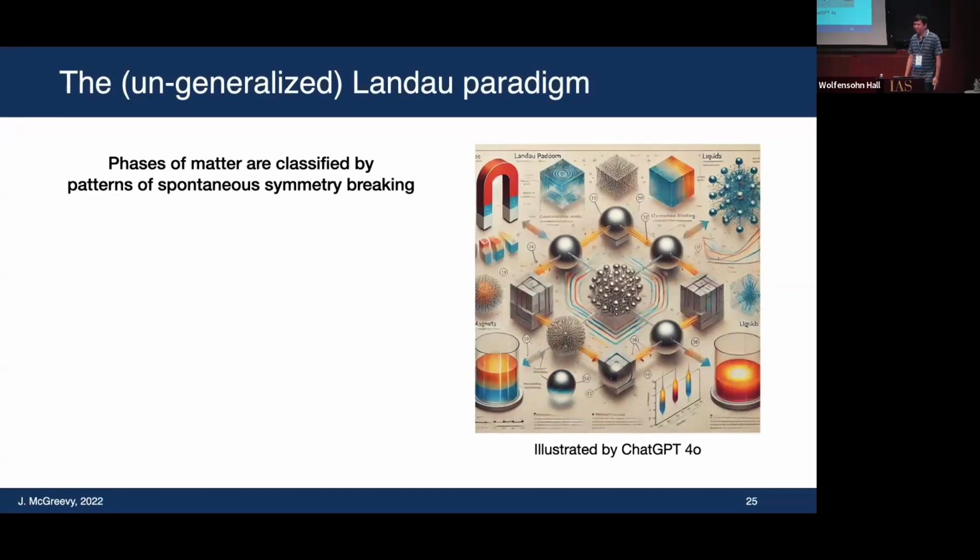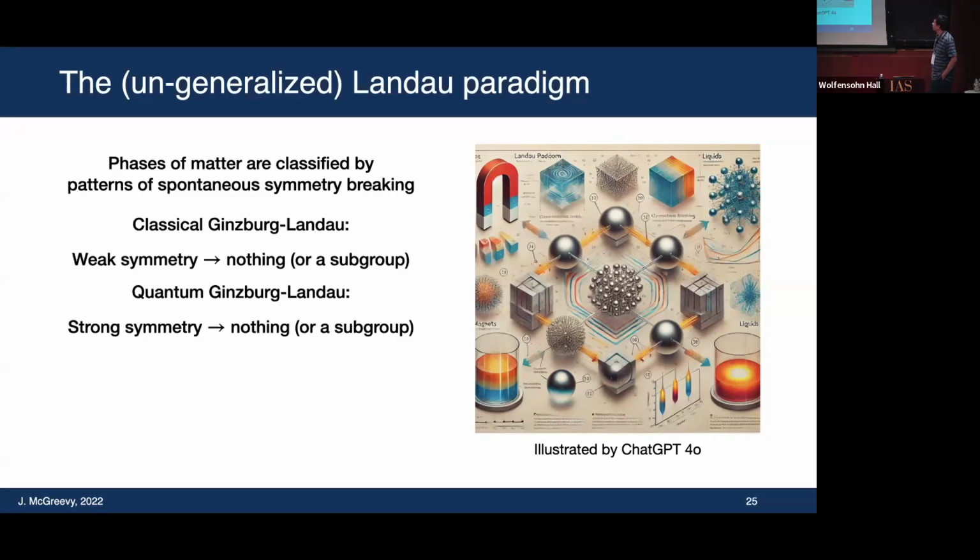So, we have our beloved Landau paradigm. Right? In the old days, that's how we thought about phases of matter, even nowadays. So, phases of matter are classified by the global symmetries and how they are spontaneously broken. That's the Ginsburg-Landau way of thinking about phases of matter.